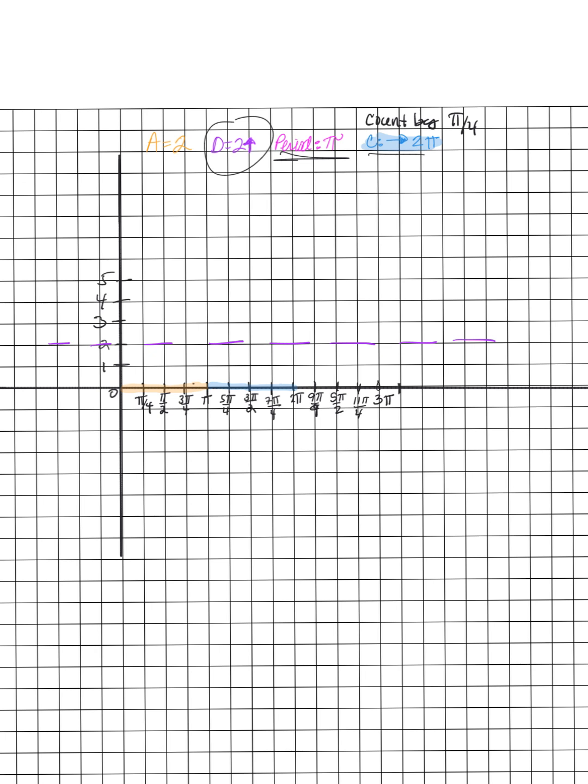It's positive, so we're going to start at the midline. So we would start at 2 pi, the midline. So here's 2 pi, so we're going to start here. We'll go up at 9 pi over 4, go midline, max, back down to the midline, go to the minimum, and back to the midline. Okay, and there's your sine graph. So draw on your sine graph right here.